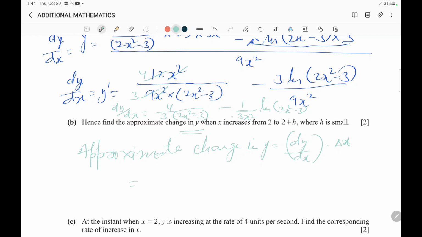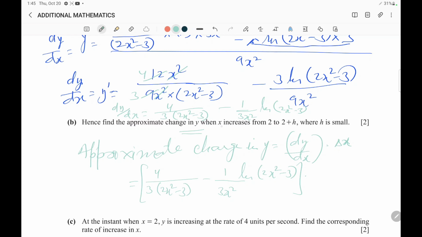So dy by dx we already found. So 4 over 3 times 2x square minus 3, minus 1 over 3x square times ln of 2x square minus 3, and then times delta x.